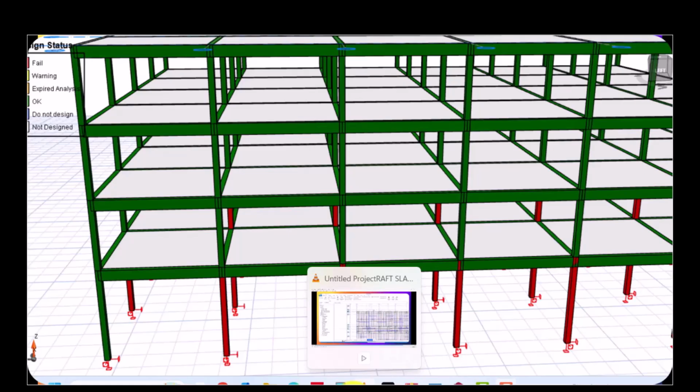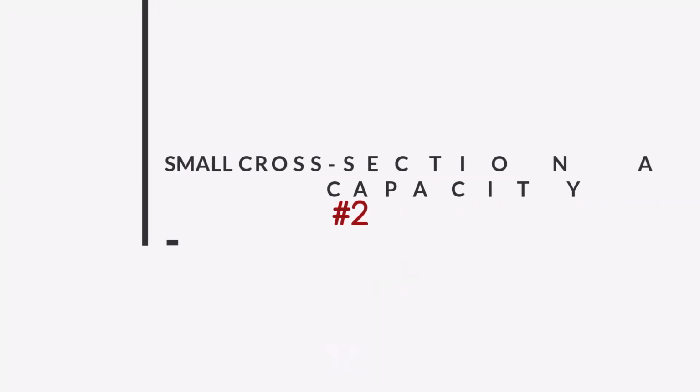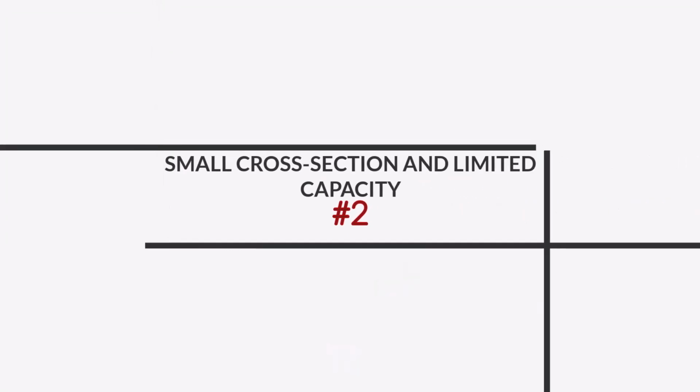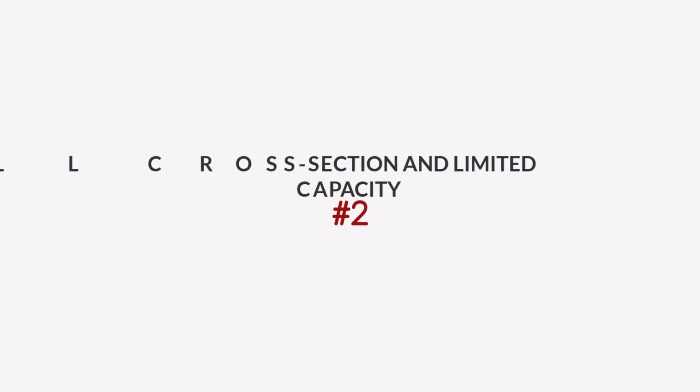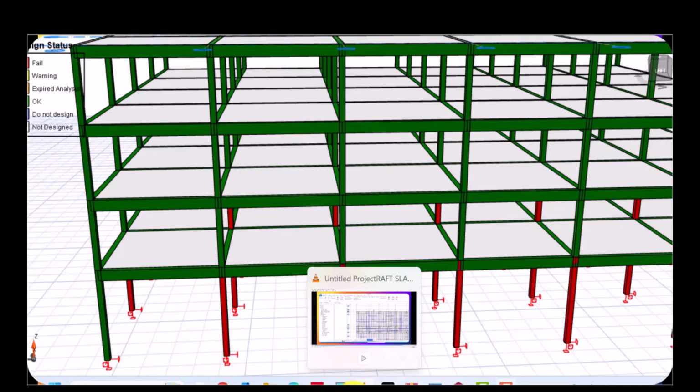The second reason why 225 by 225 columns fail is the cross-sectional area. Yes, I know I'm making reference back to the cross-sectional area because it's really small. A small section means that there's going to be less concrete, there's going to be limited reinforcement, and there's going to be very low load resistance.